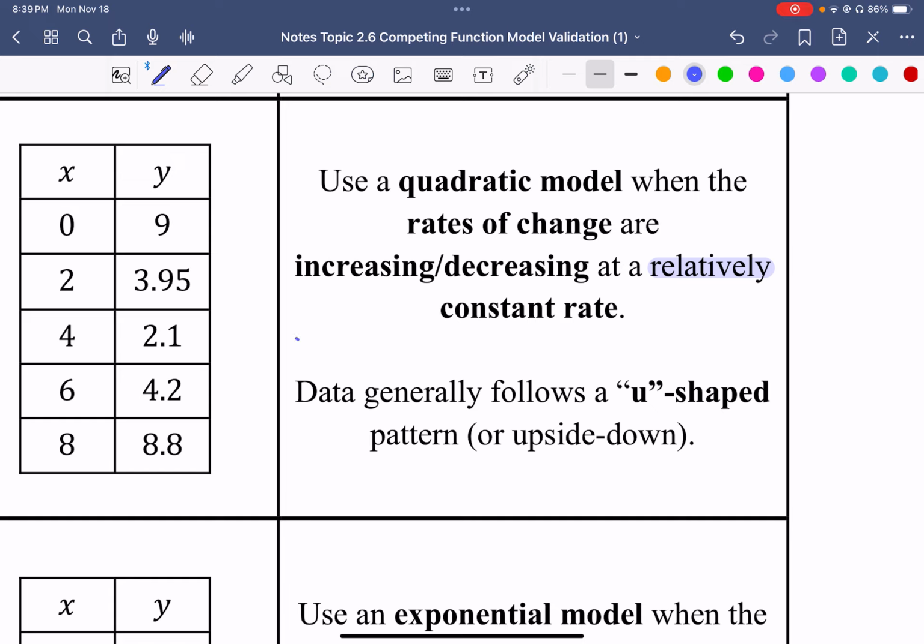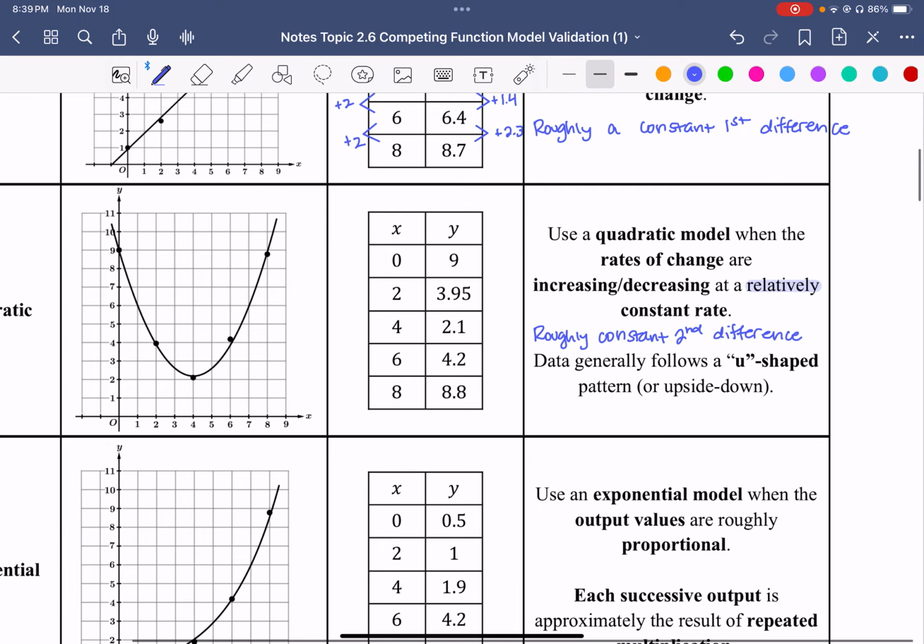From one of the previous lessons, we learned that quadratic models have a constant second difference, but for real life data, we'll say it's roughly constant second difference. So it's not going to be perfect. And then the data generally follows a U-shaped pattern, or it could be an upside down frown, like I said.